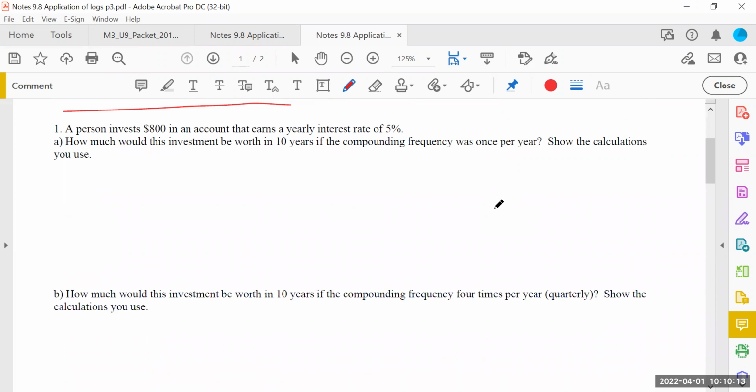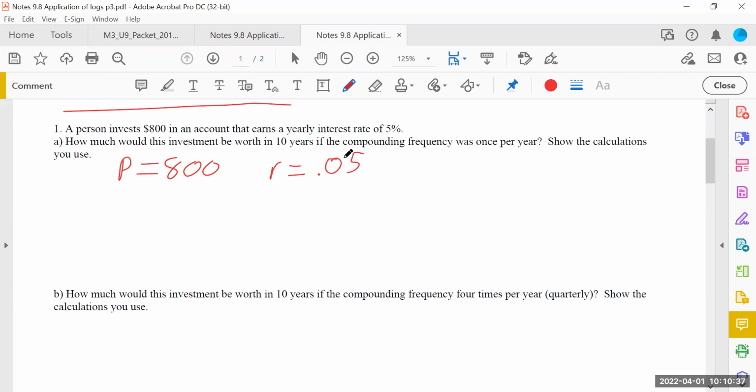If someone has $800 and invests that in a bank or somewhere at a rate of 5% annually, how much would the investment be worth if it was compounded just once a year? So real fast, this means the principal, the initial amount is 800. The interest rate is 0.05, right?